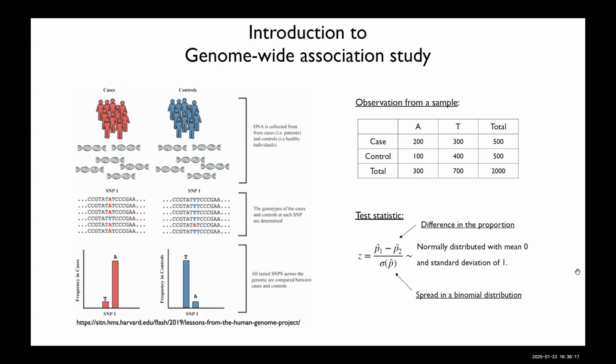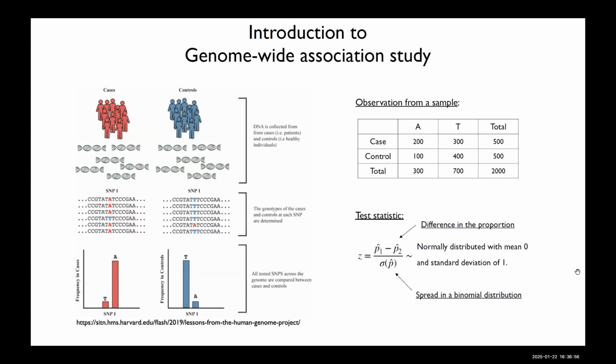And the denominator represents the spread in the proportion, assuming that they came from the same underlying binomial distribution. So if the proportion of A in cases and control were the same, then the test statistic would approximately be distributed normally with mean 0 and standard deviation of 1. And with 95% chance, the test statistic will be between negative 1.96 and positive 1.96.